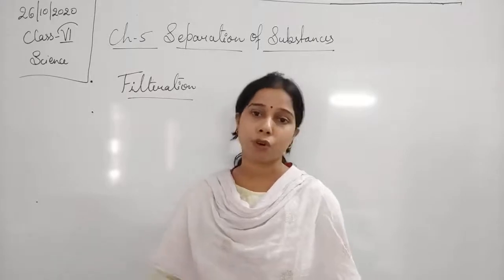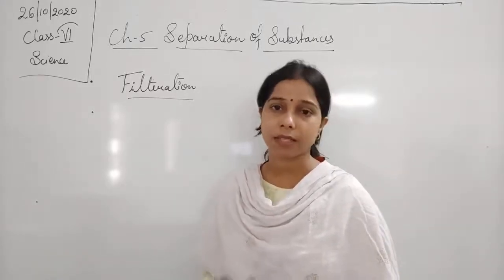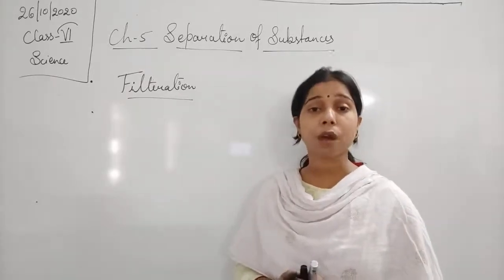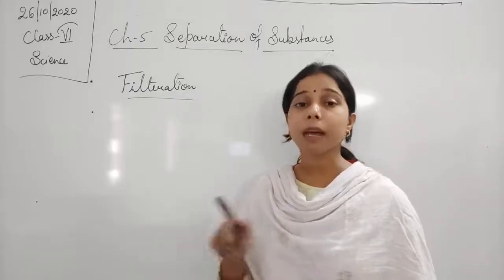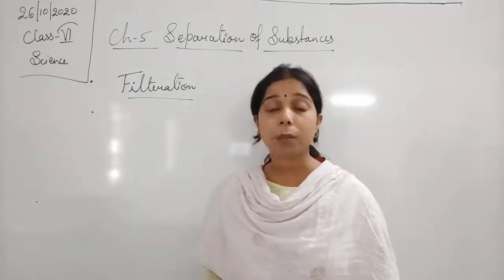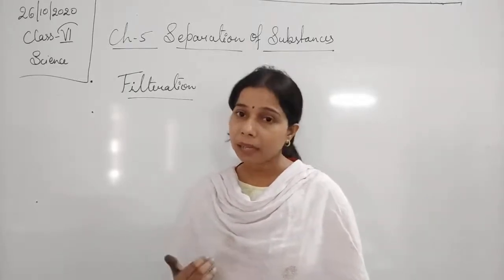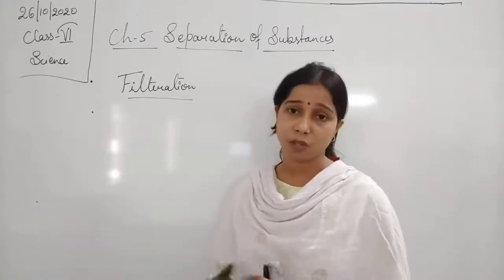Settling, the deposition of the sediments and formation of two layers, that is known as sedimentation. Decantation is, students, now you have to separate, simply pouring one layer from the other without disturbing the sediments. That is known as the decantation process.